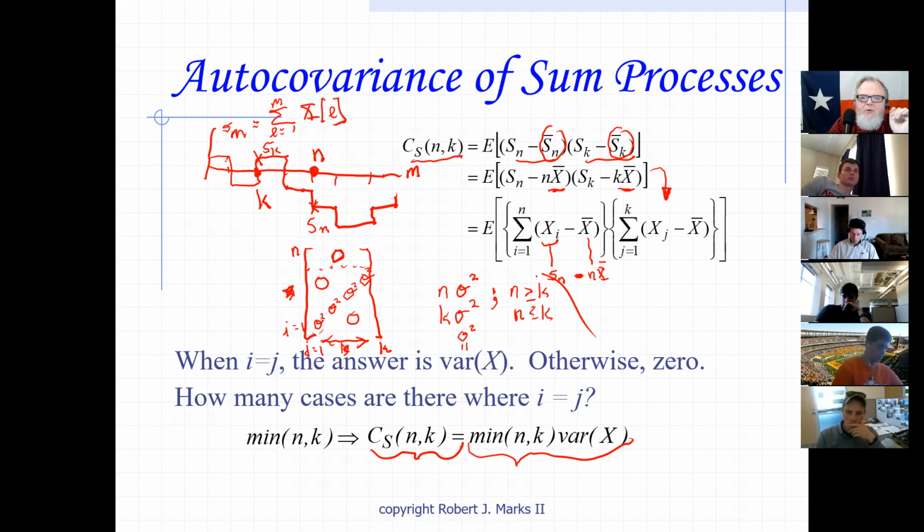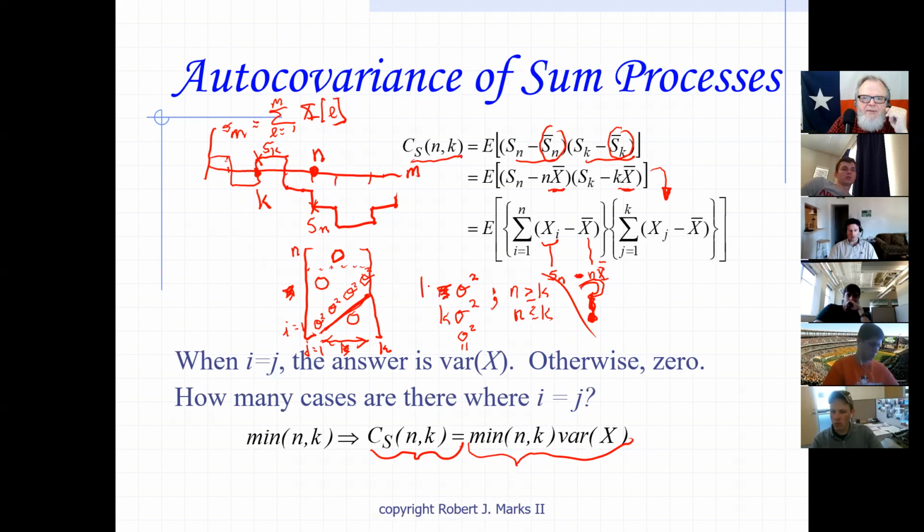I think I have this backwards, don't I? I'll see if you're following me and can do self-correction. If k is less than n, how many of these do we have? We would have k. You have k, don't you?